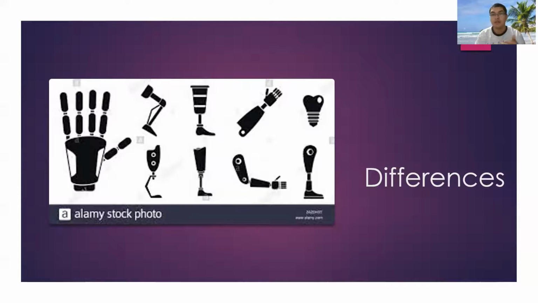But the bionic prosthetics have other characteristics that change everything. For example, in the bionic prosthetics, we have two movements: robotic movement and natural movement. Materials. In this case, we have five materials that are the most common to produce this kind of prosthetics.